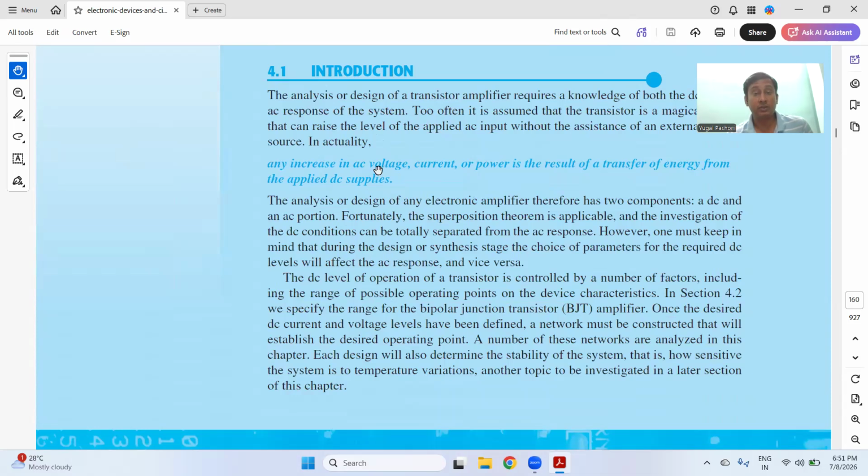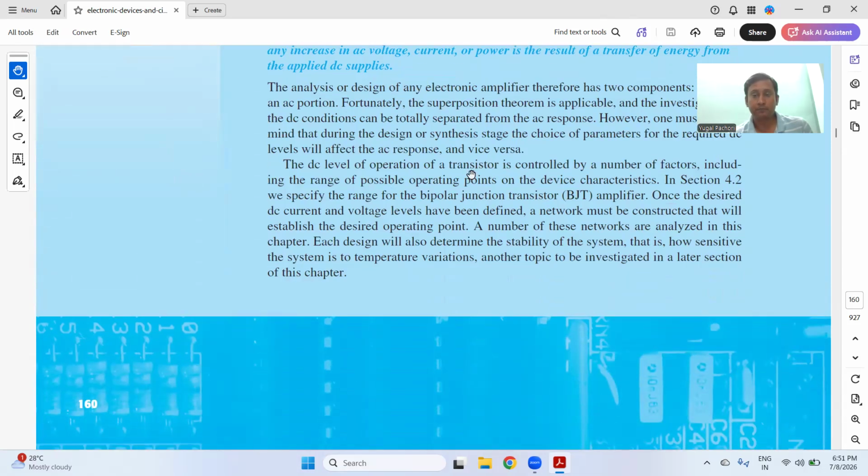But whenever the AC voltage, current, or power is increased, it means you are transferring energy from one source to another. The BJT has its own power, but if you are trying to change or increase its power, then you are getting the power from the supply. And here the supply is DC. That's why we are studying it as DC biasing of the BJT.